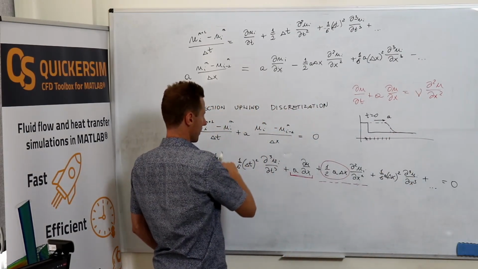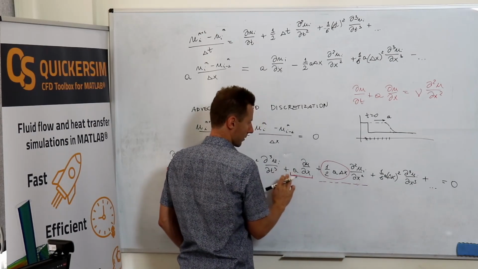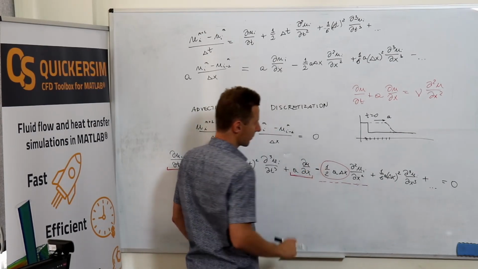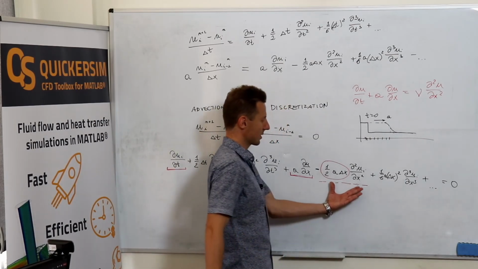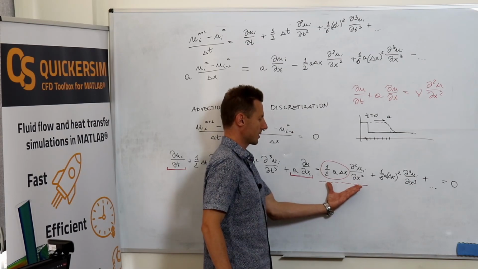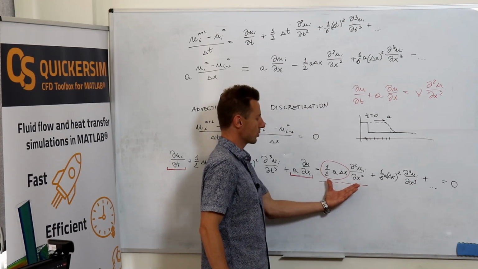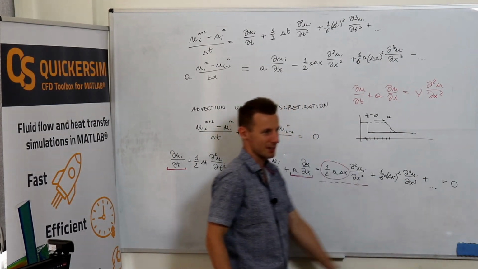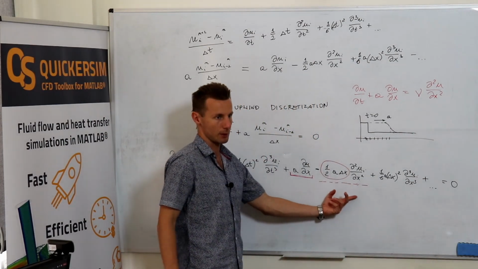Minus in the bottom. That's right. And you're right, because that's actually diffusion. Right now that is diffusion, because diffusion has got the positive sign if it's on the right-hand side of the equation.